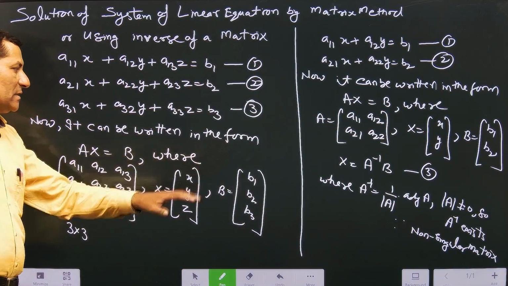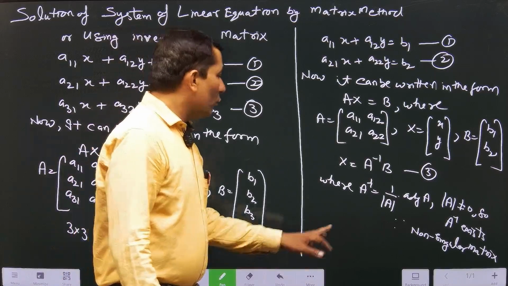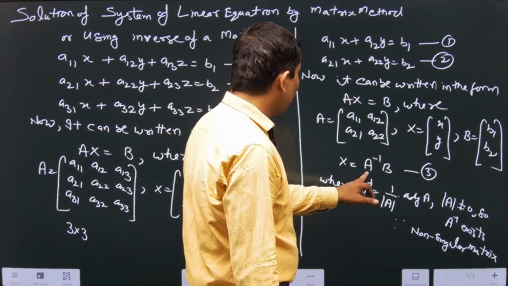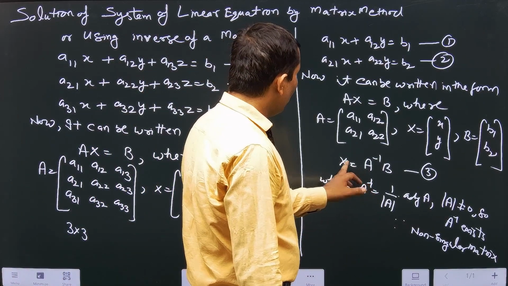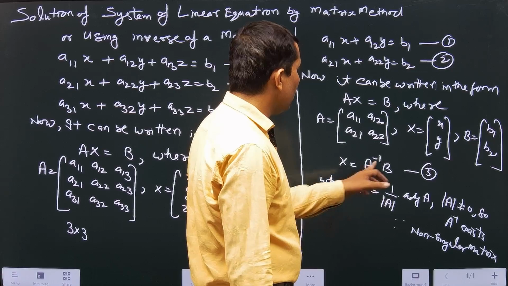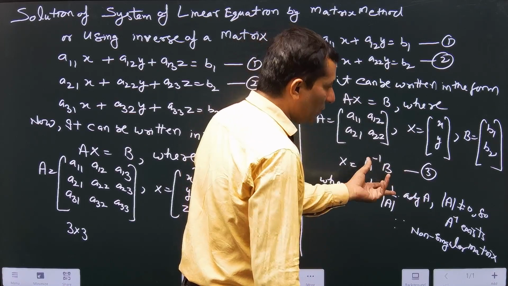It is the matrix method, and then you put the value of A inverse here. Then you find the value of x, y, z after solving the third equation.